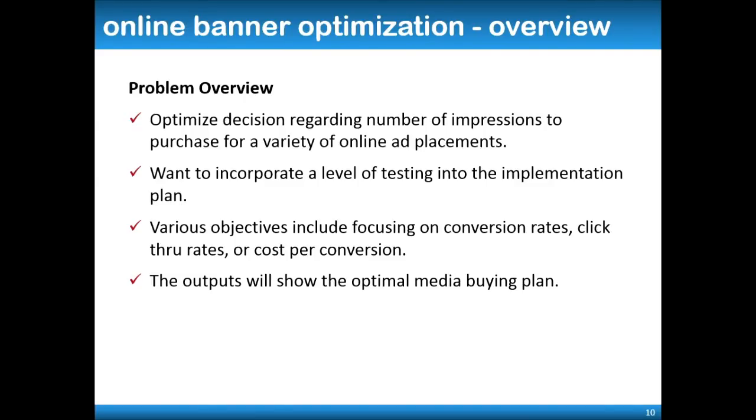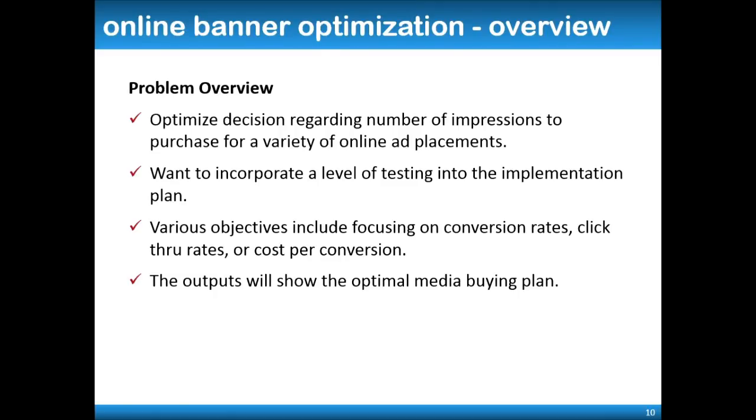We want to optimize a media plan. Okay, what's the optimal media plan, the buying decisions in terms of purchasing impressions for a variety of online ad placements? To get there, we want to potentially incorporate a level of testing into that plan, maybe different creative sets that we want to test out in the market.